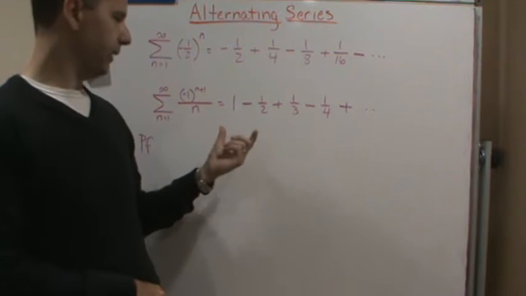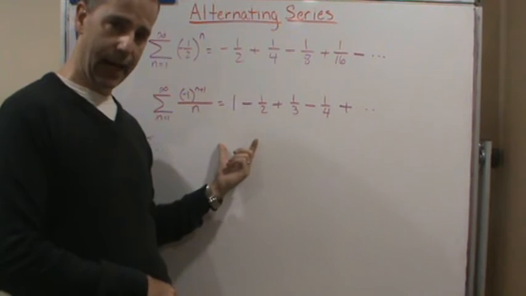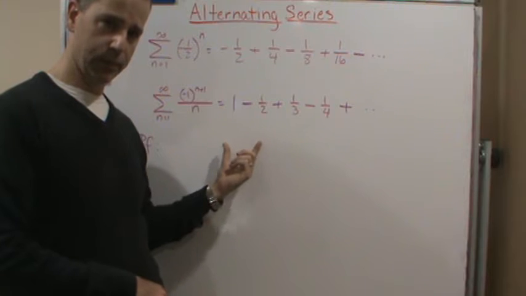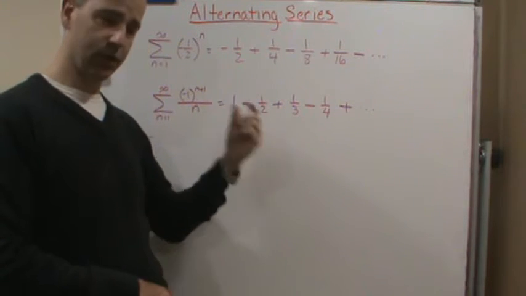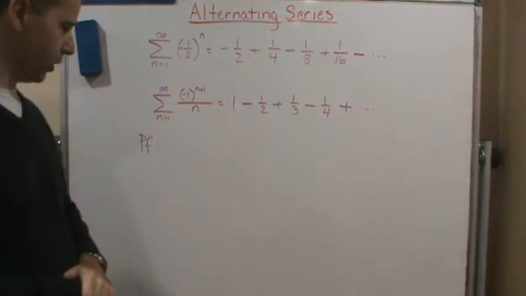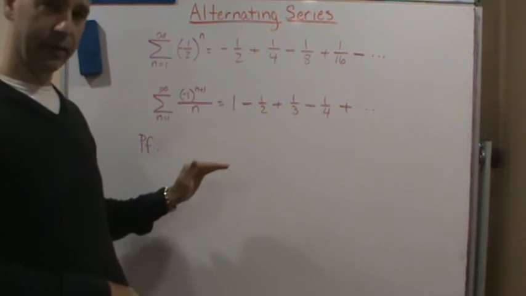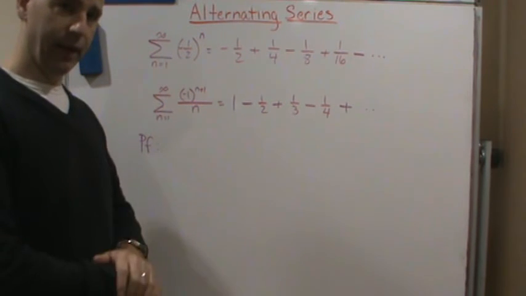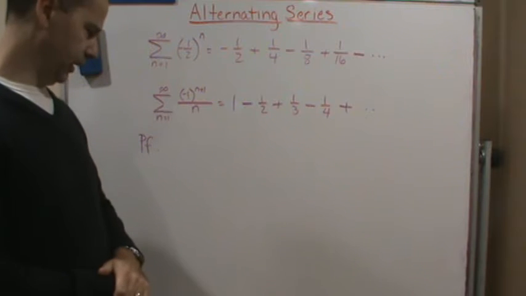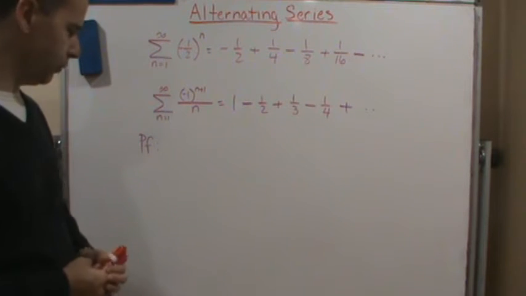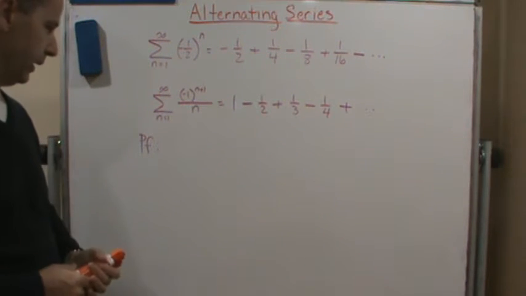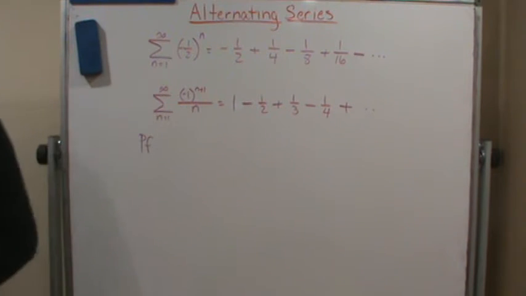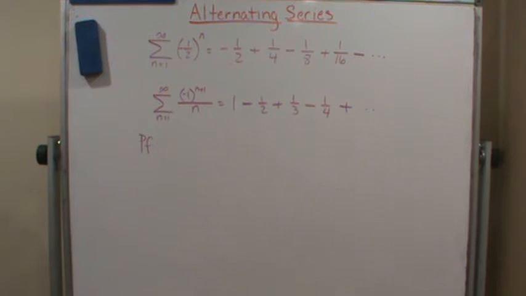Once we show that the odd term partial sums and the even term partial sums converge, then by putting those together, they both must converge to the same number. And we'll also show you what that number is. Okay, so let's start by looking at the odd partial sums.